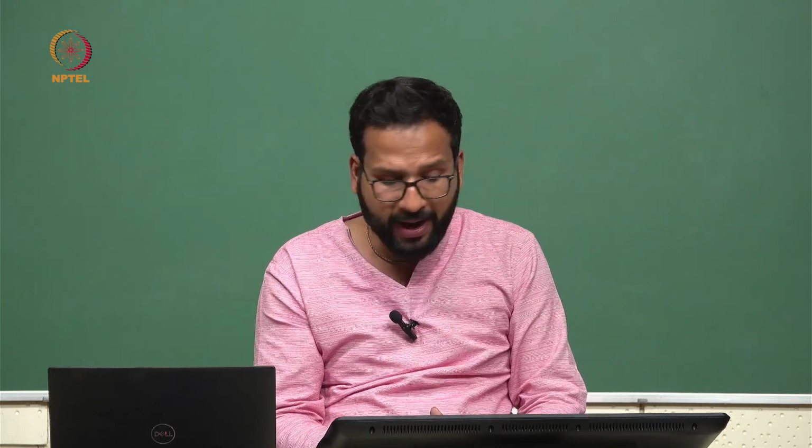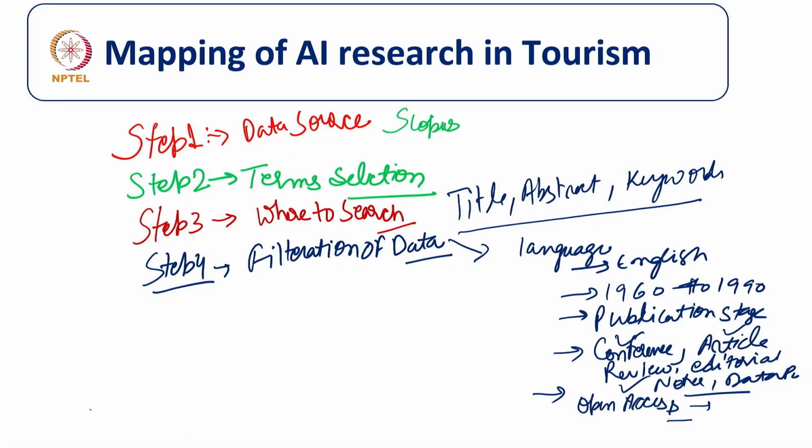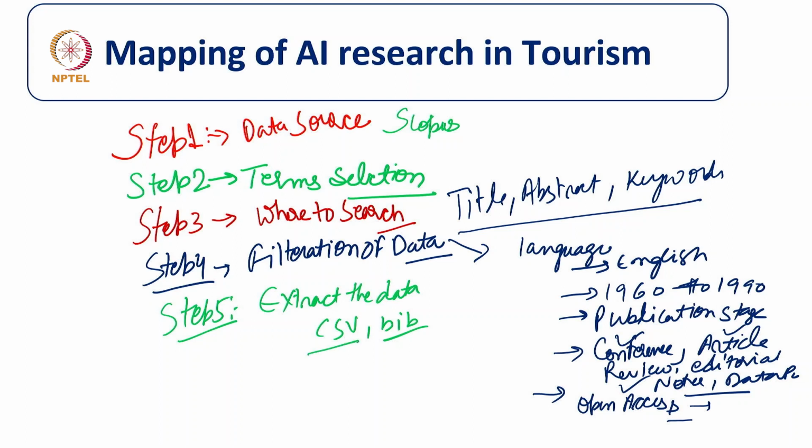And at step 5 we extract the data in an appropriate format. Scopus provides CSV, BIB. So we may want to have the data in either BIB format, CSV, or other formats that Scopus provides. So we can extract the data.